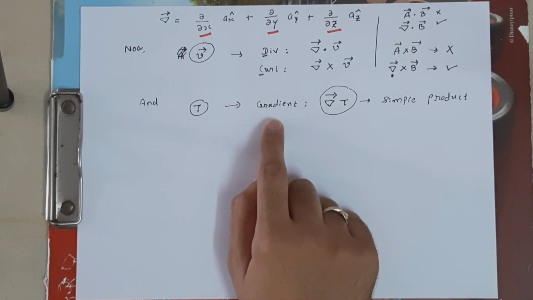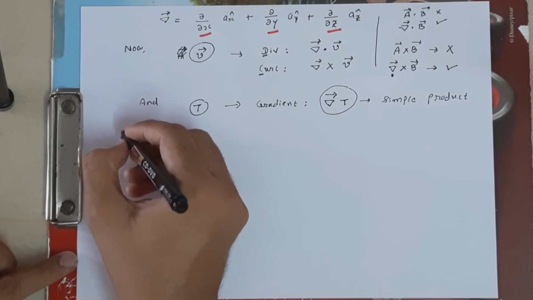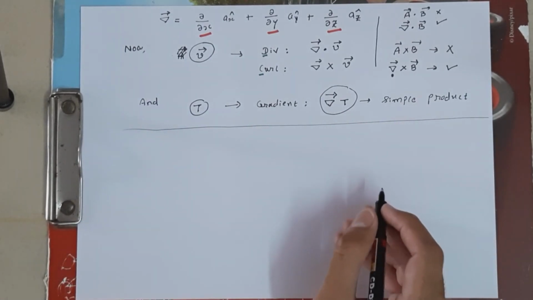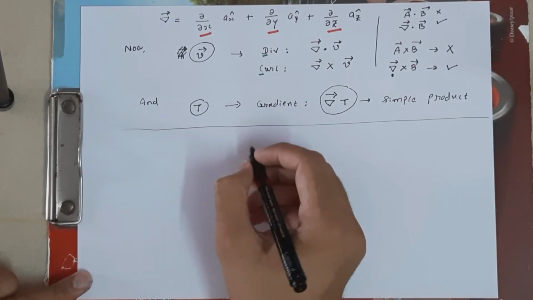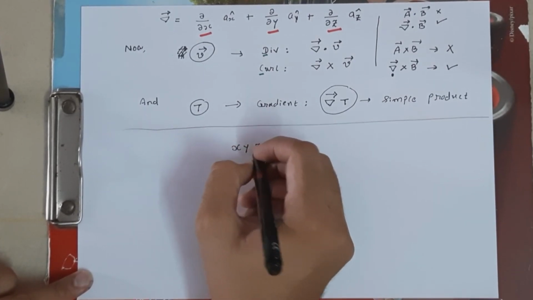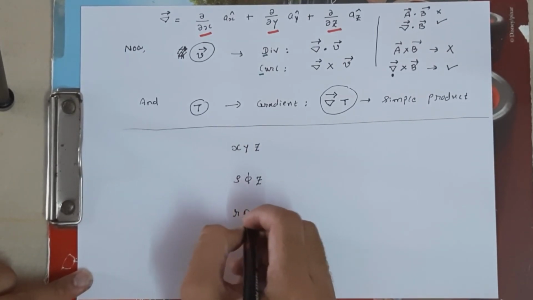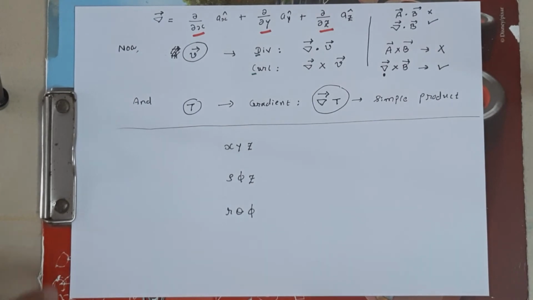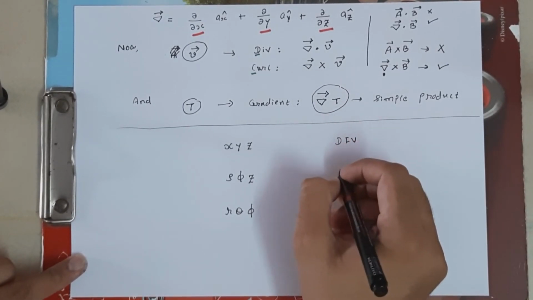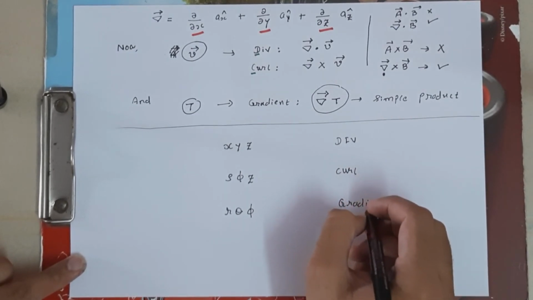What we want is all 3 quantities in all 3 coordinate systems. As we know, there are 3 coordinate systems: Cartesian, cylindrical and spherical. Similarly we have the concepts of divergence, curl and gradient.